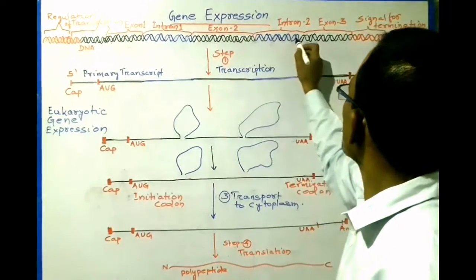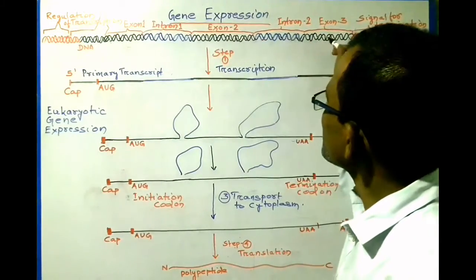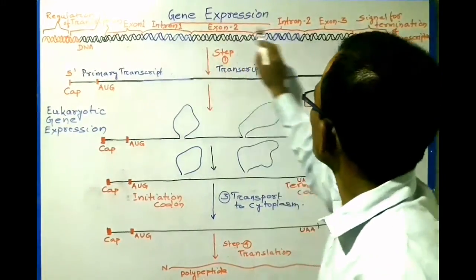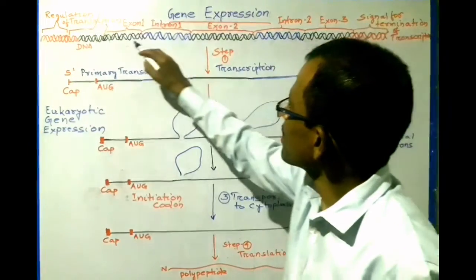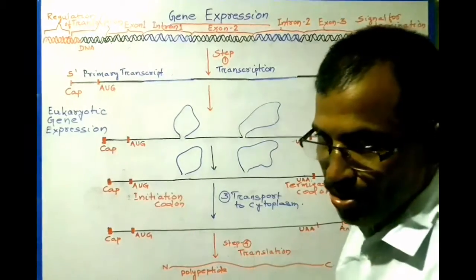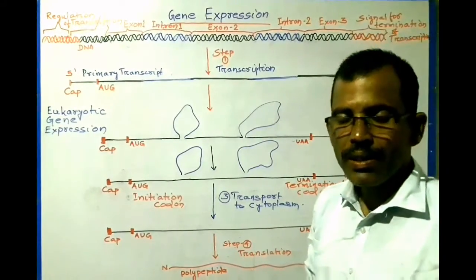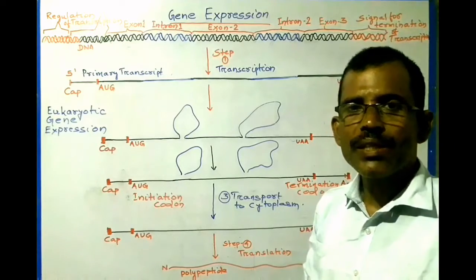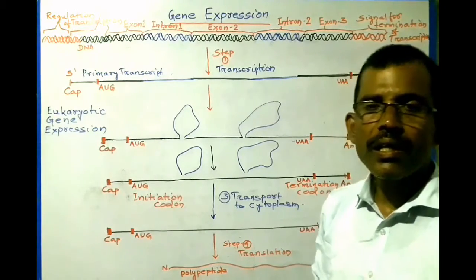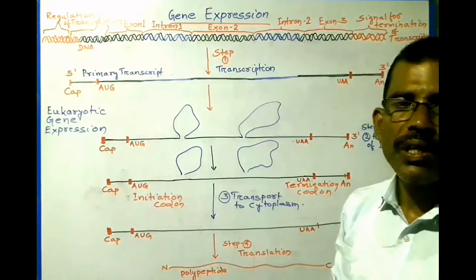These blue patches are non-coding sequences, so in this gene there are two introns, and these black patches are the exons.